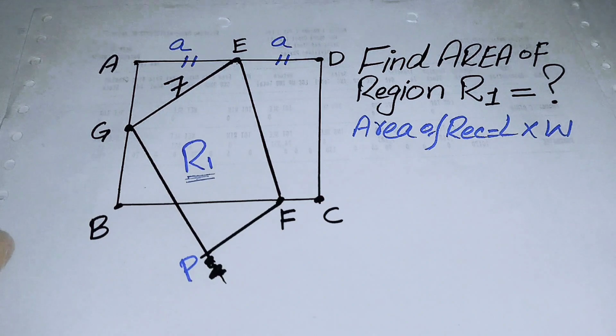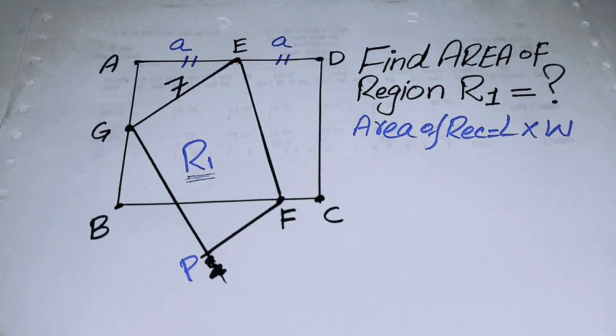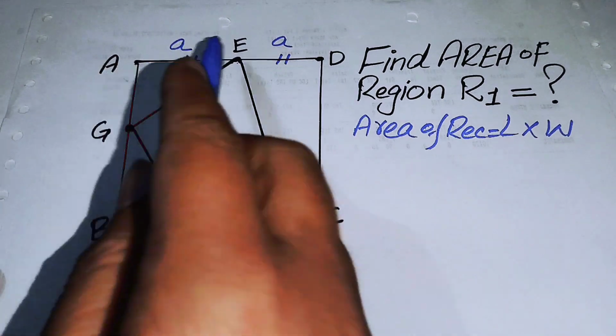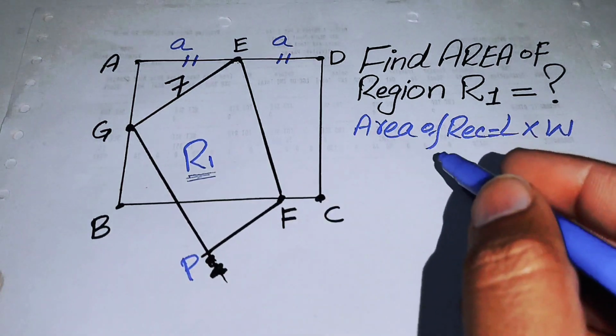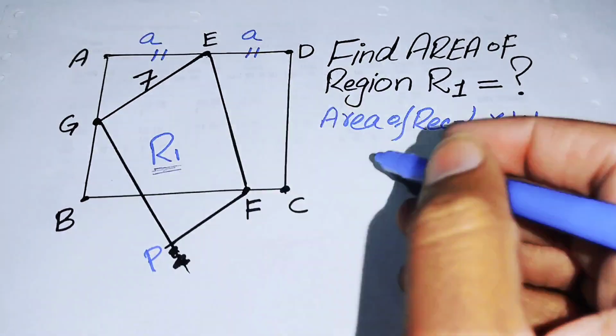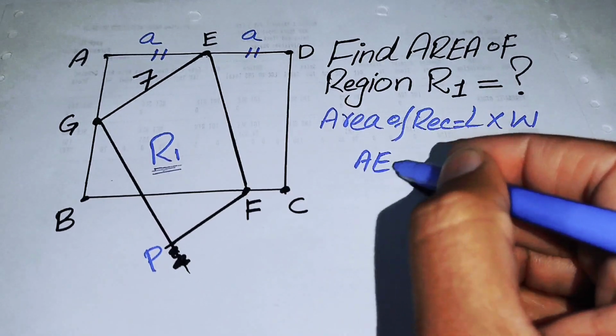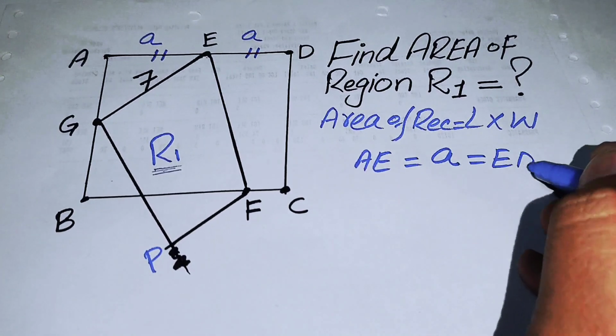Because these two lengths are the same, the total length AD equals 2a.